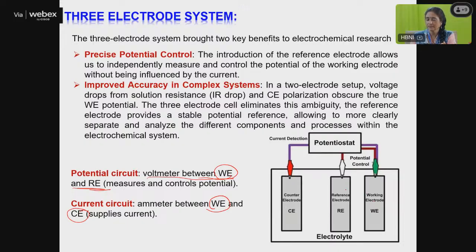There is a reference electrode with respect to which we always measure the potential of the working electrode. And since current is not flowing through the reference electrode, its potential is fixed. So with reference to this, we can measure the potential of the working electrode.